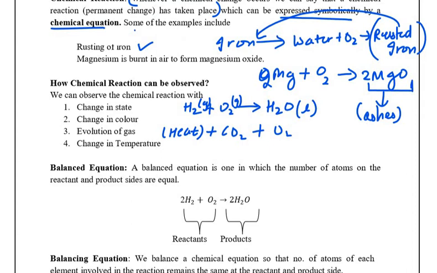Next is change in temperature. Here comes heat. We do experiments in a beaker, and the beaker gets heated fast whenever we do a chemical reaction. Suppose we take two compounds, A and B, in a beaker, and when they react with each other, they release some heat.